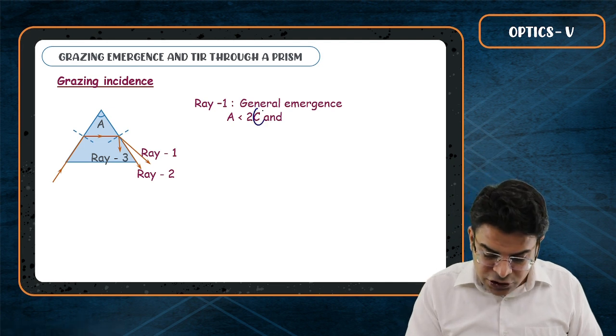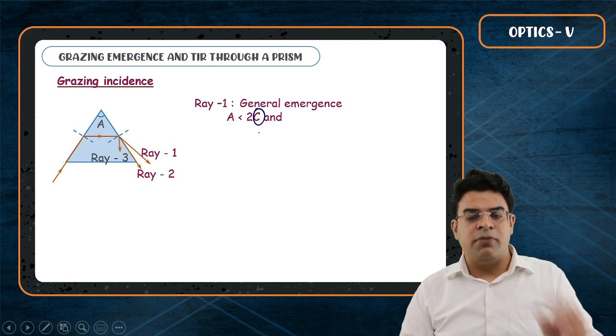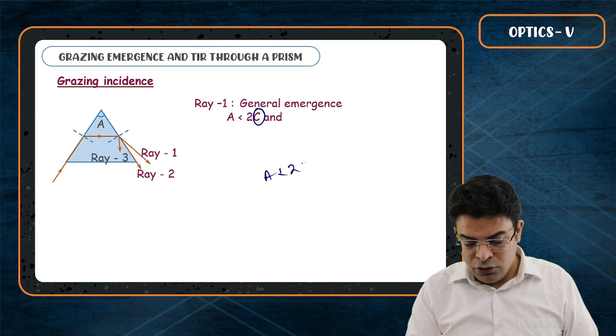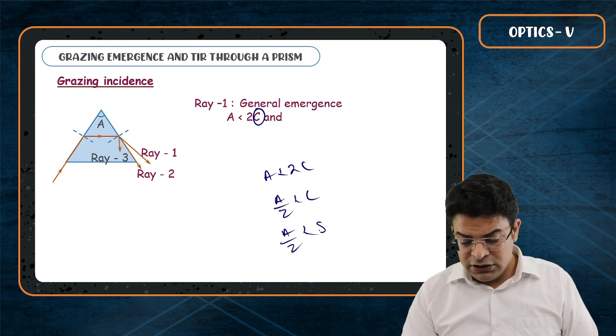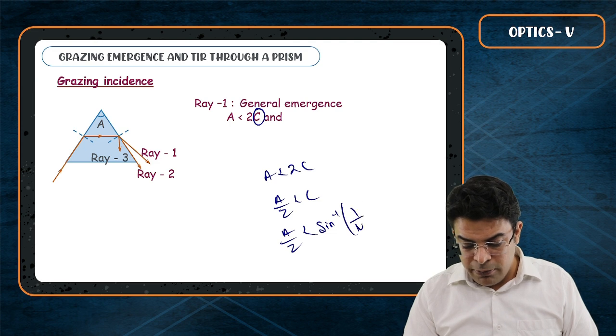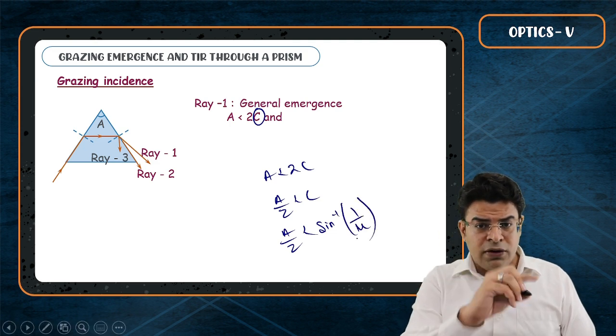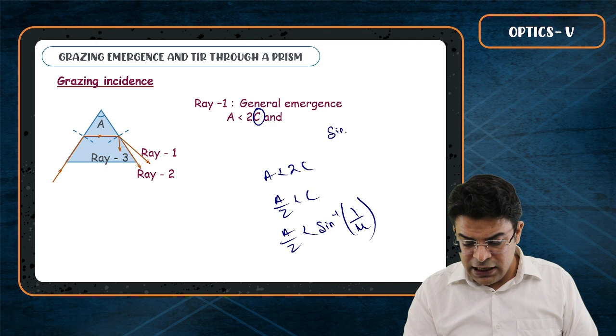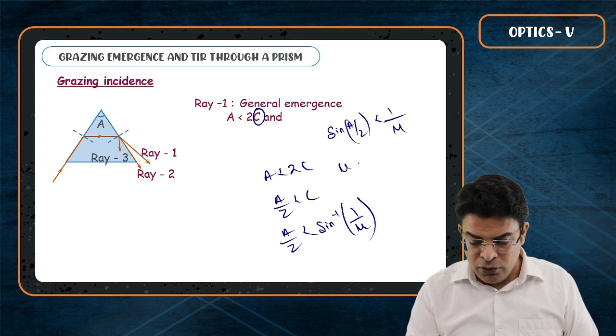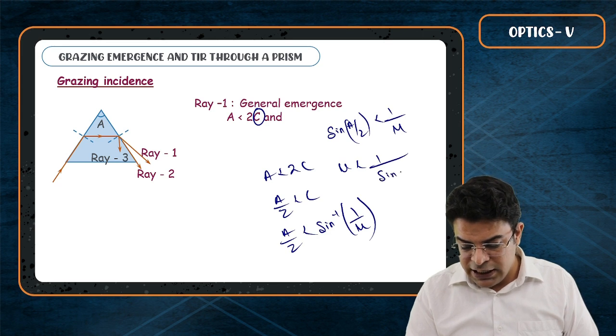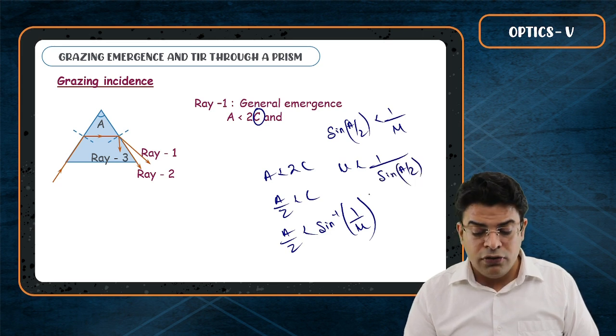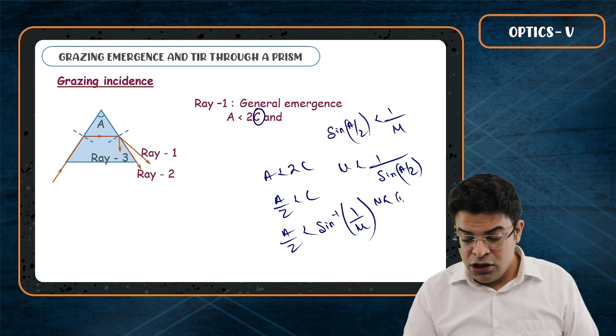Now substituting the value of C as sine inverse 1 by mu, A less than 2C gives A by 2 less than C, so A by 2 is less than sine inverse 1 by mu. Bringing the sine inverse to the left-hand side, we get sine A by 2 has to be less than 1 by mu, or mu has to be less than 1 upon sine A by 2, that is, mu has to be less than cosec A by 2.